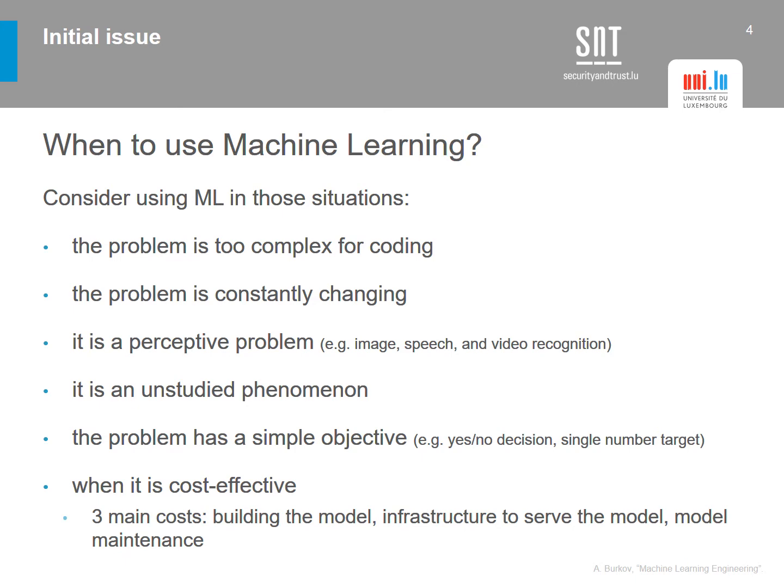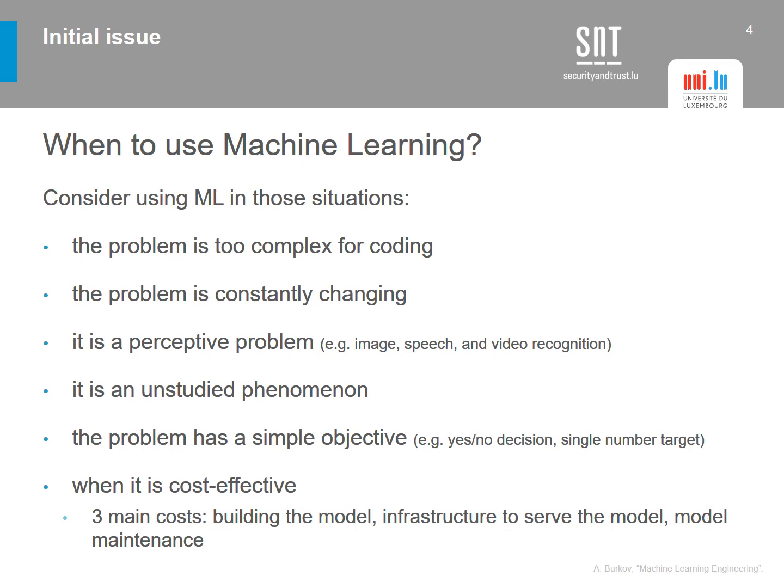Maybe both can be adaptive in that case, but here what we have to think about is the cost, because in machine learning we have three main costs. We have the cost of building the model, the cost of the infrastructure to serve the model, and the model maintenance. The cost of building the model is what we have seen in the lifecycle preview, that is gathering the data, choosing the model, training it, etc.